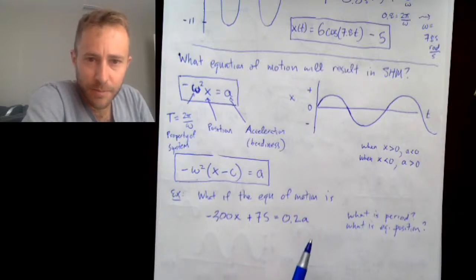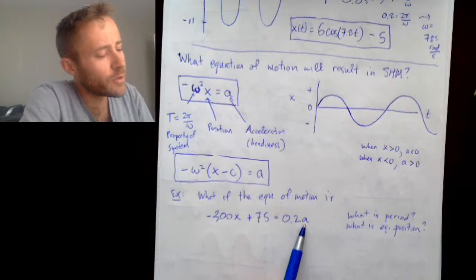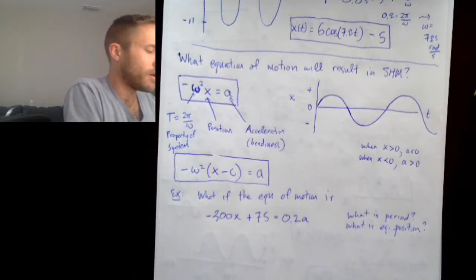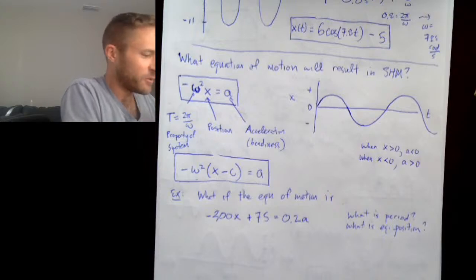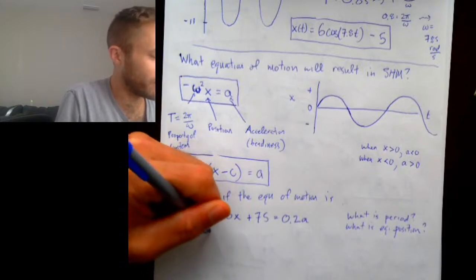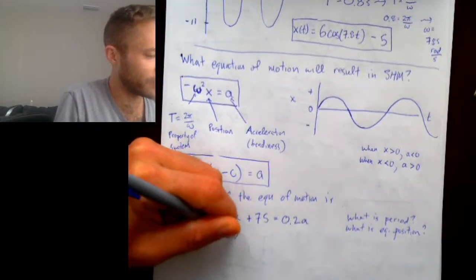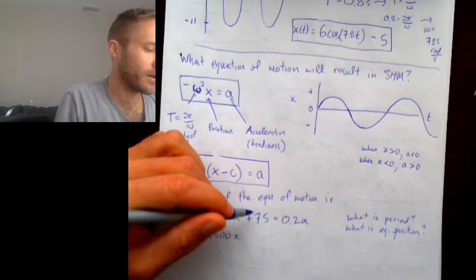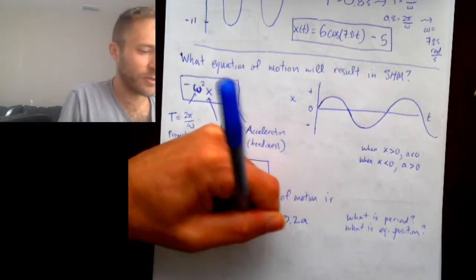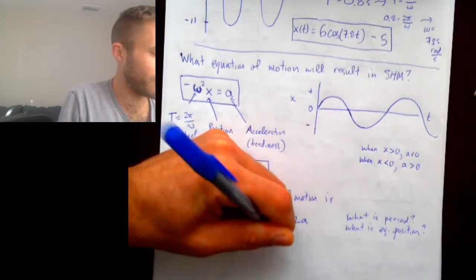So what I'm going to do is divide both sides by 0.2. So dividing both sides by 0.2, I get negative 1500x plus 375 equals a.